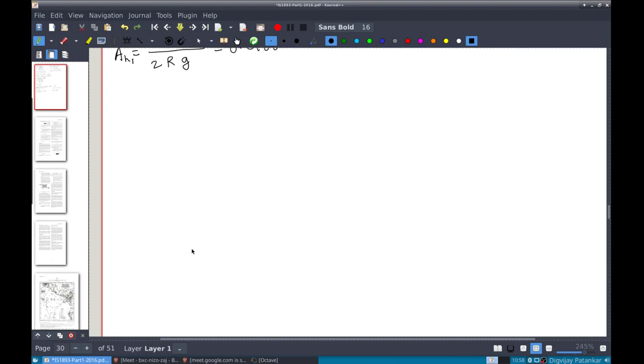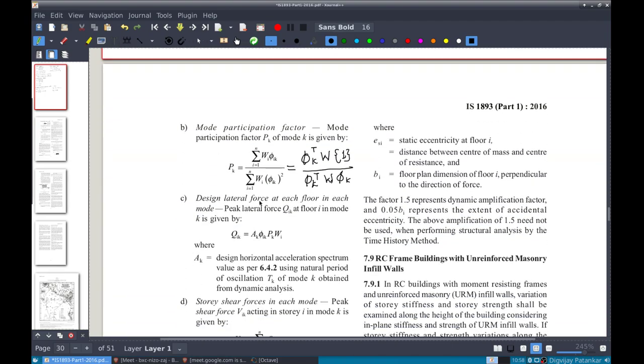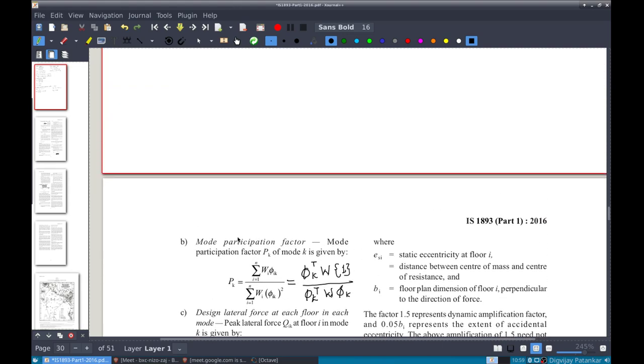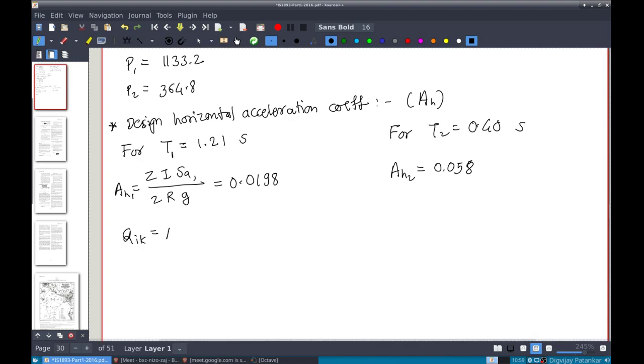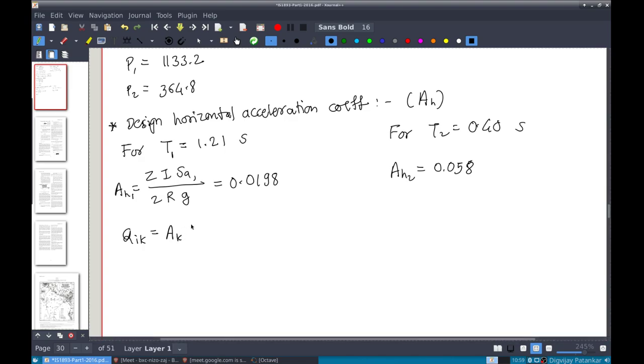So from this we have to calculate design lateral force at each floor. So Qik, the expression is Qik is equal to Ak φik Pk Wi.